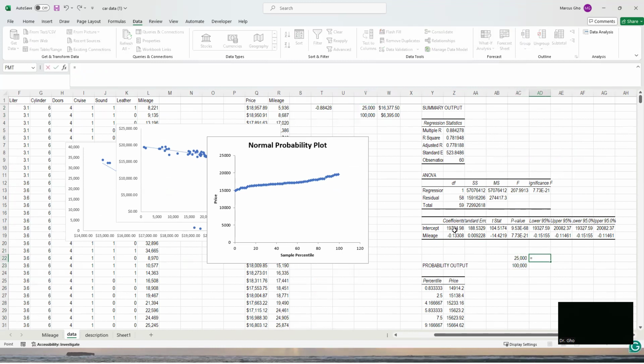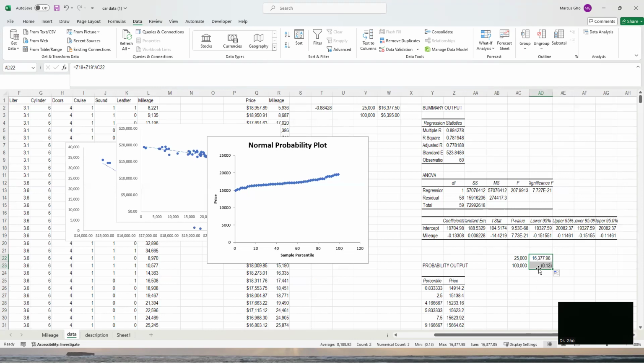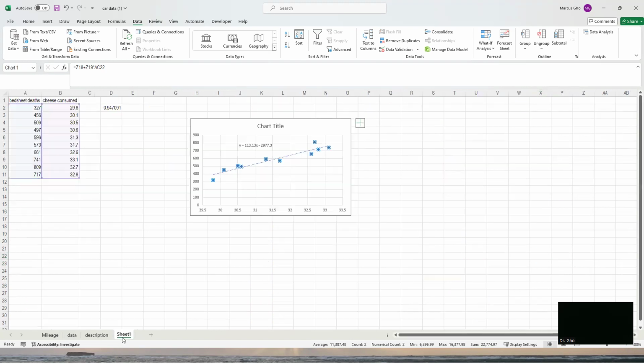This equals the intercept plus the mileage times that, then we get that same value that we have up there, 16,377.98. For 100,000 miles, we choose these in here. So a 100,000 mile car, you could sell for 6,400, which is the same values that we had before.